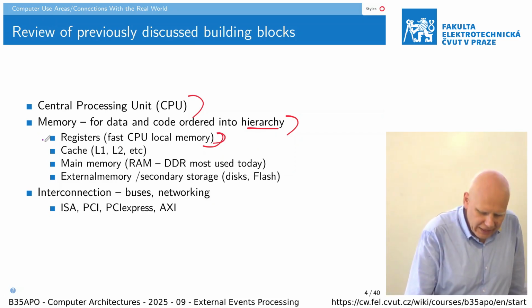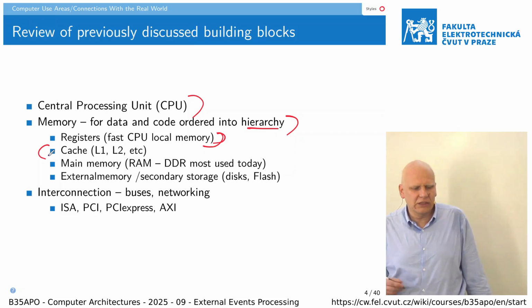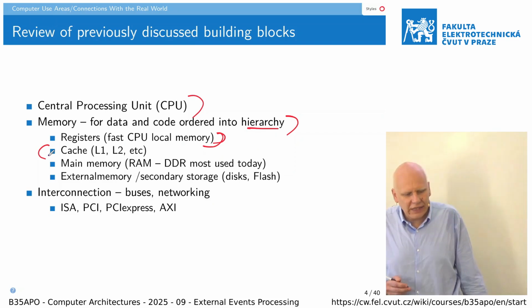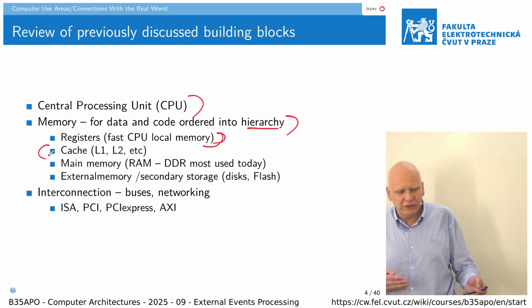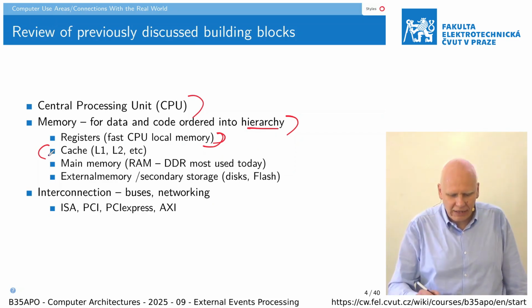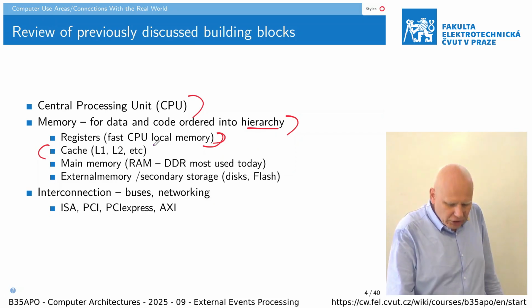Then we have cache memories, multiple levels, which are called hidden memories as well, because they are automatically filled by the data which are actually processed, or some neighborhood data. So this is the temporal and spatial locality.